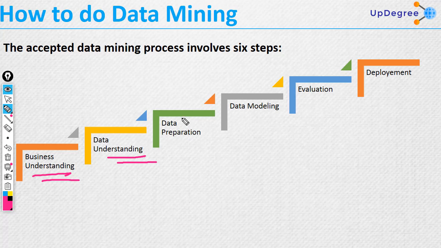Next is data preparation, which is a very important one. Data is cleansed and missing data is included to ensure it is ready to be mined. Data processing can take an enormous amount of time depending on the amount of data analyzed and the number of data sources.